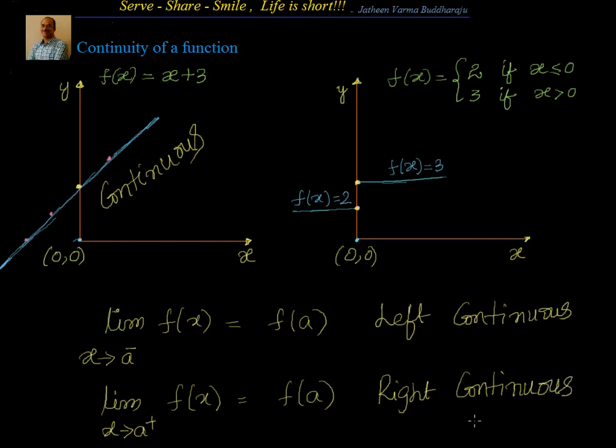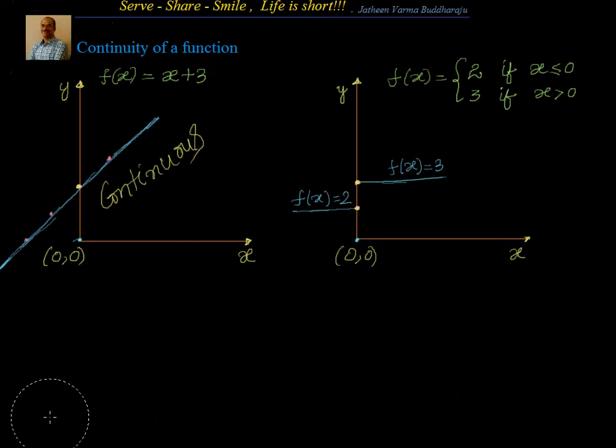Now let's look at, suppose we want to find out whether a function is continuous not at a particular point but on an interval, then how do we mention it?